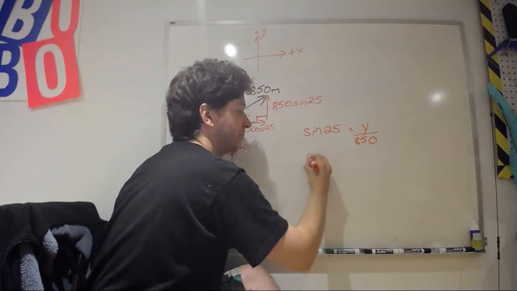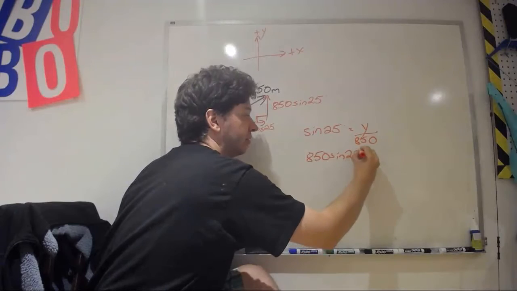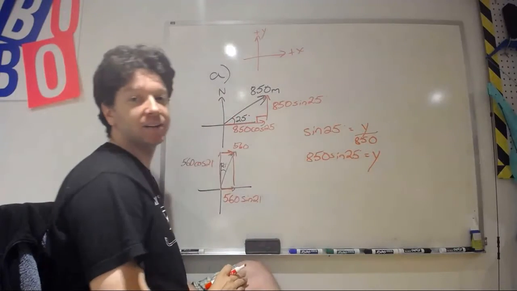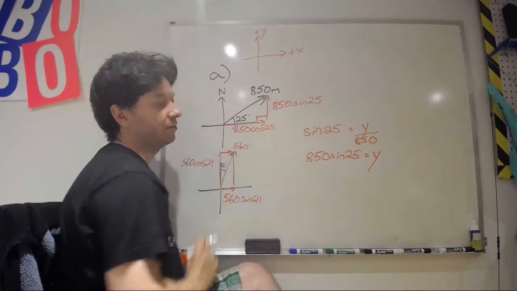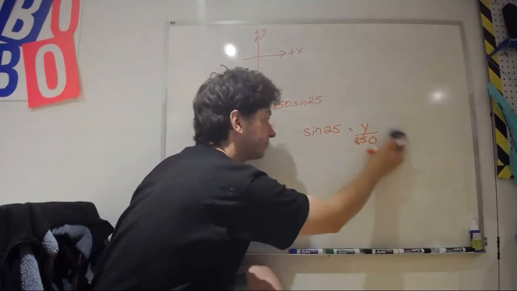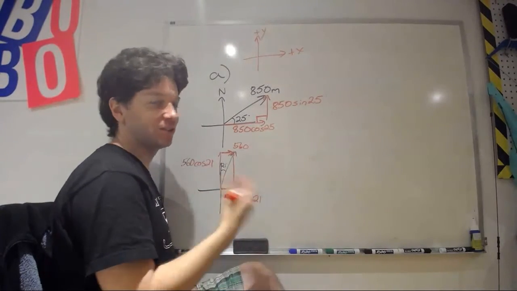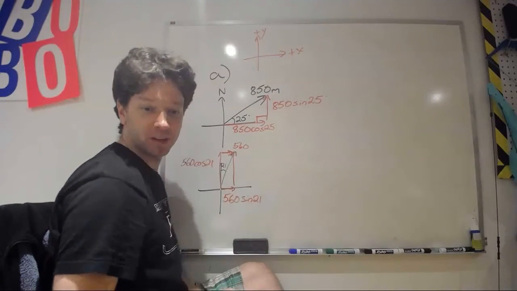Multiply both sides by 850, you get 850 sine 25, which equals our y component, which is why I wrote that value next to our y component. Once you do components enough, you'll just be able to write it like that.